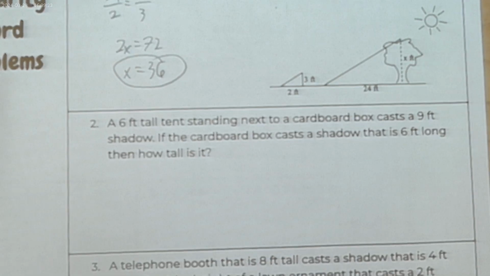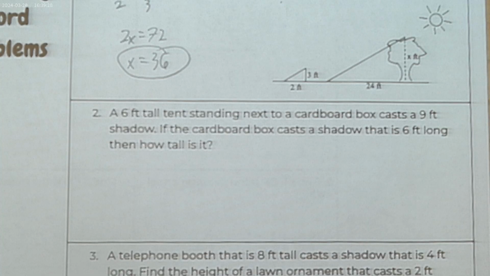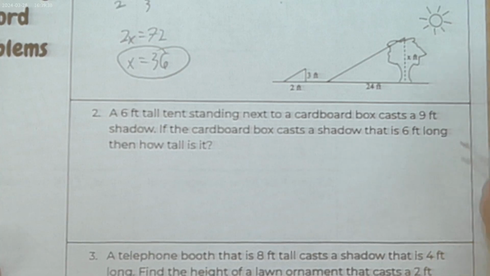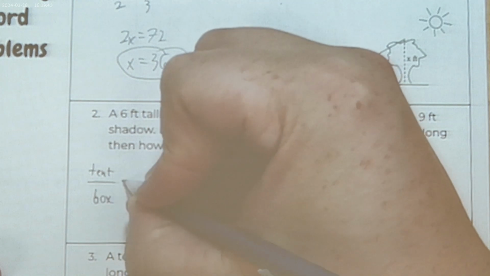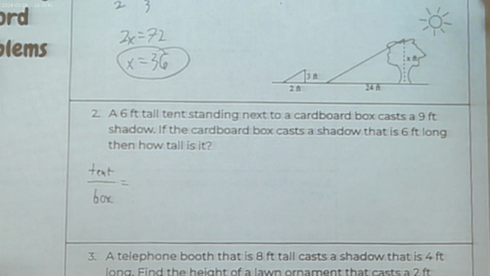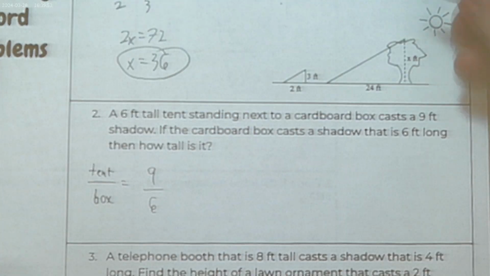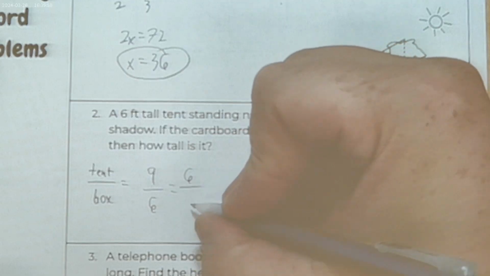All right, let's see. A 6-foot tall tent standing next to a cardboard box casts a 9-foot shadow. If the cardboard box casts a shadow that is 6 feet long, how tall is it? So we'll do tent to box. 6-foot tall tent, 9-foot shadow, so we'll do 9 is to 6, as 6 is to x.